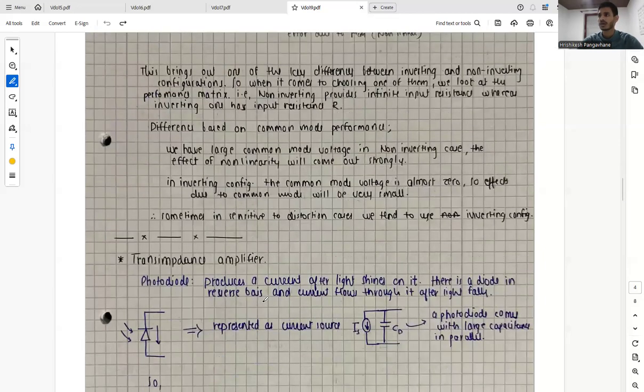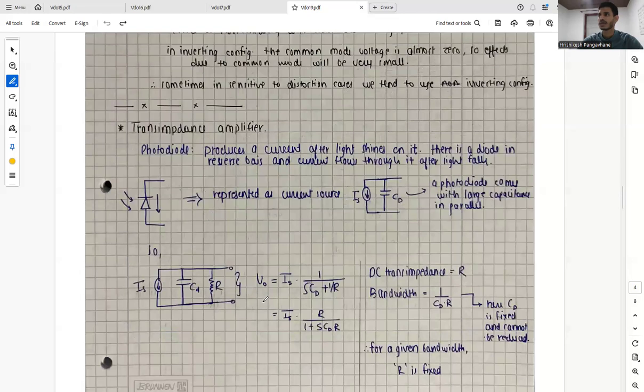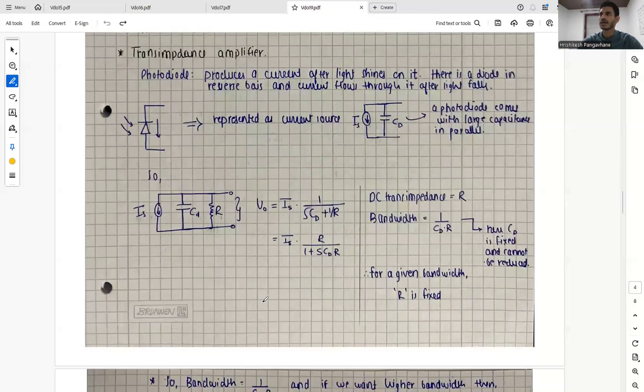So now we will discuss another type of amplifier. That amplifier is called a transimpedance amplifier, and basically we know what a photodiode is. A photodiode is something which produces a current after light shines on it.